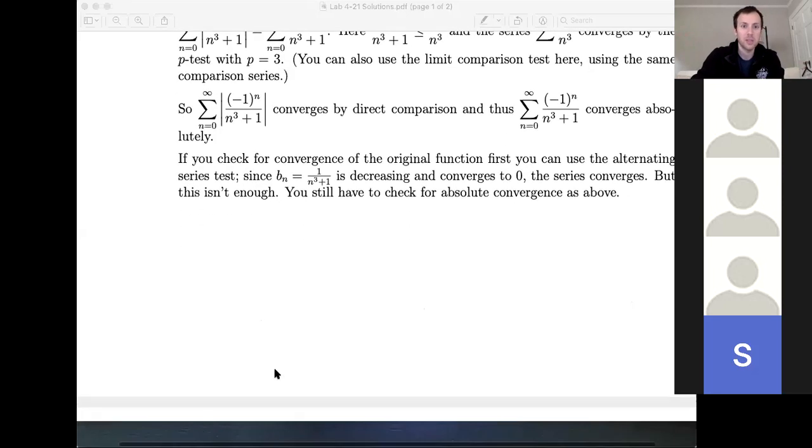So that would be something like for the series that looks like, say, -1 to the n, and then 2 to the n, oh, this is hard to write, this thing divided by n.